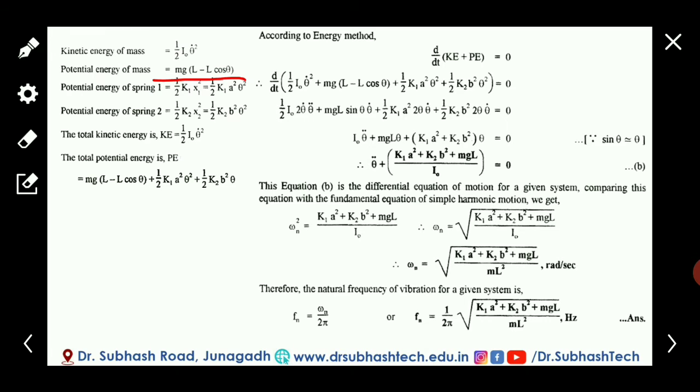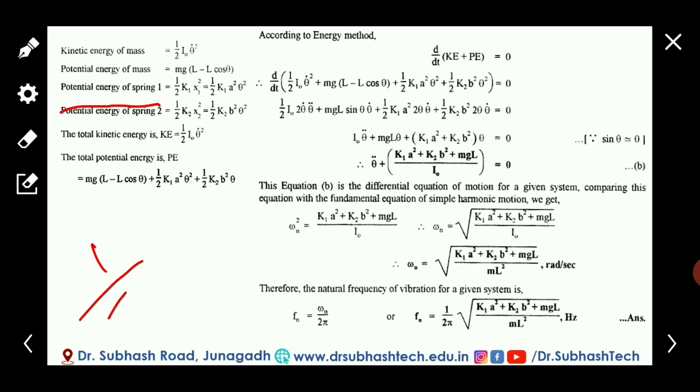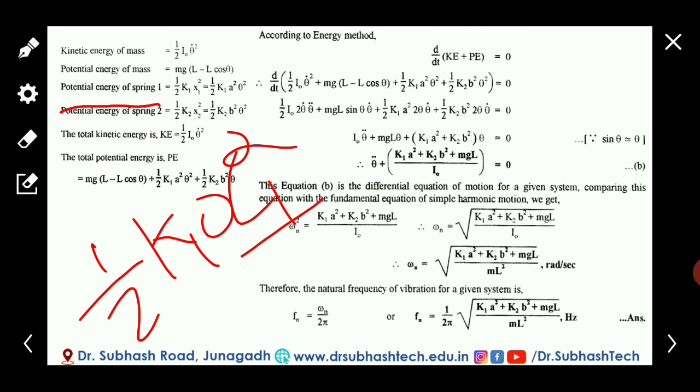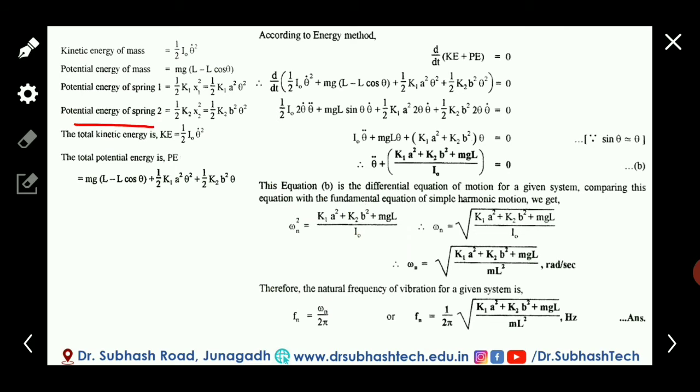Now the potential energy of the spring, we know, is one half kx squared. For spring one, one half k1 x1 squared, where x1 is equal to a theta, so x1 squared is equal to a squared theta squared. Similarly for spring two, one half k2 x2 squared, and x2 is equal to b theta, so x2 squared is equal to b squared theta squared.